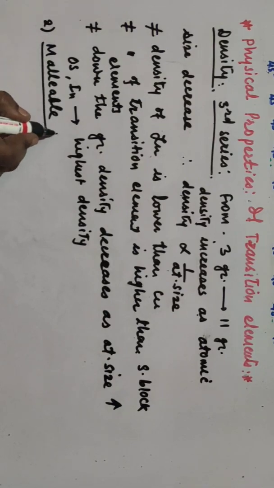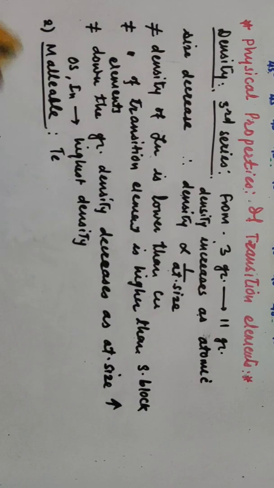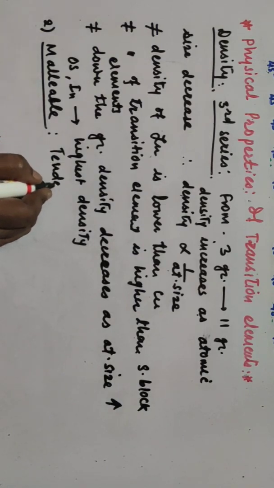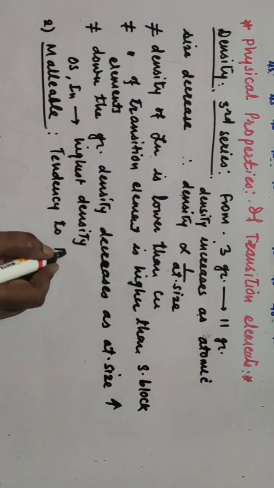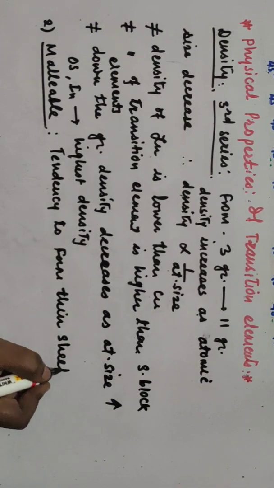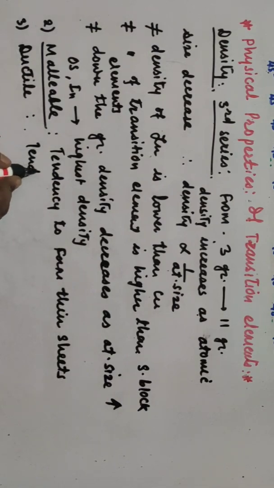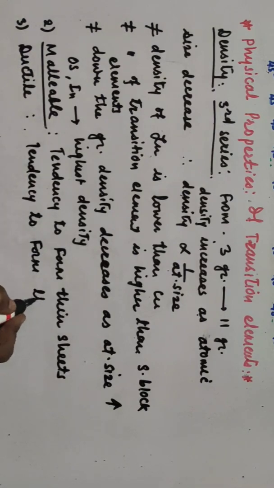So the next physical property is that these transition metals are malleable. Malleable means they have the tendency to form thin sheets. Then the next property is that they are also ductile. Ductility means the tendency to form thin wires.